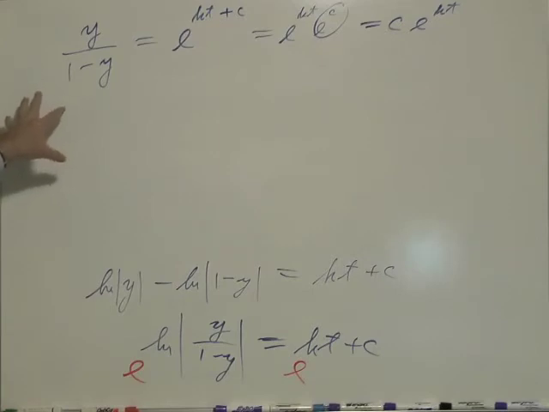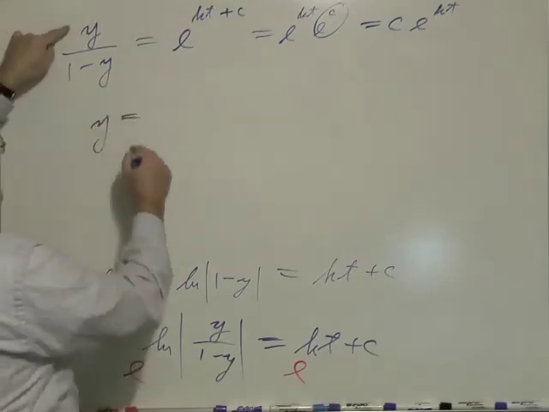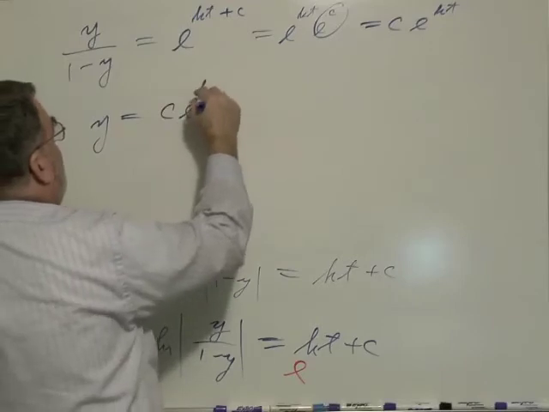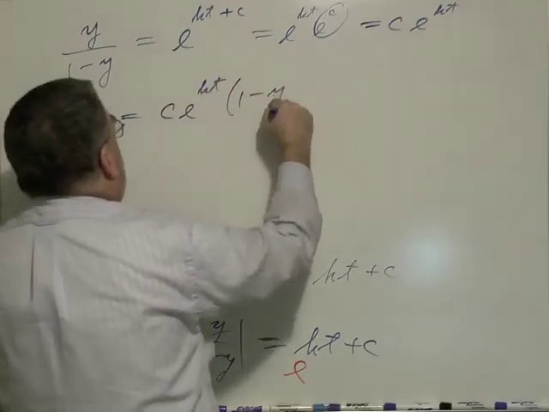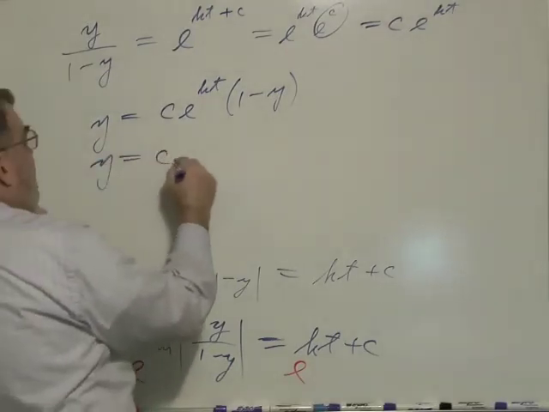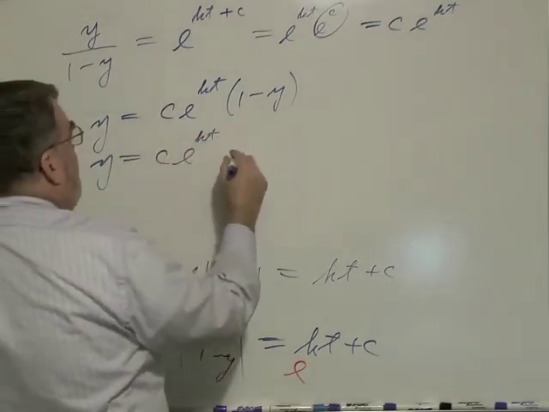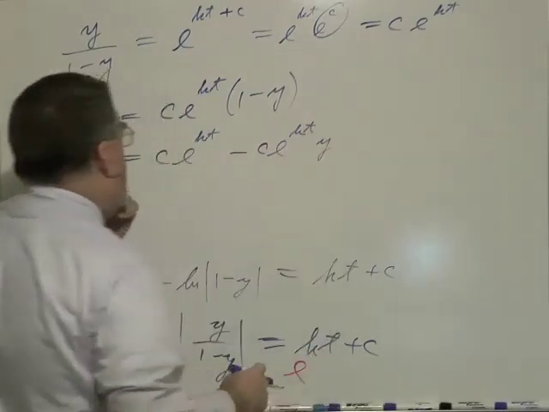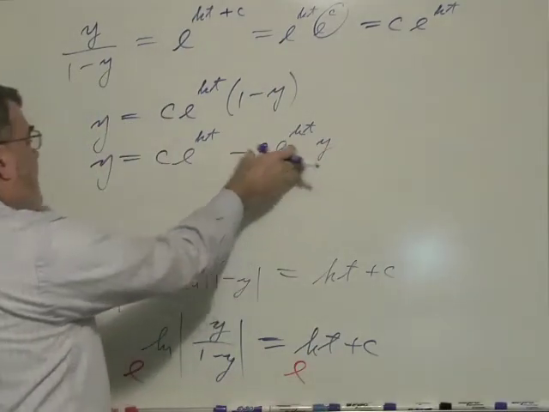Finally, I want to solve for y, my function. So I'm going to multiply both sides by 1 minus y. This gives me y on the left, and then C e to the kt times 1 minus y. Let's multiply that out: C e to the kt minus C e to the kt y. And now I'm going to bring this to the left.